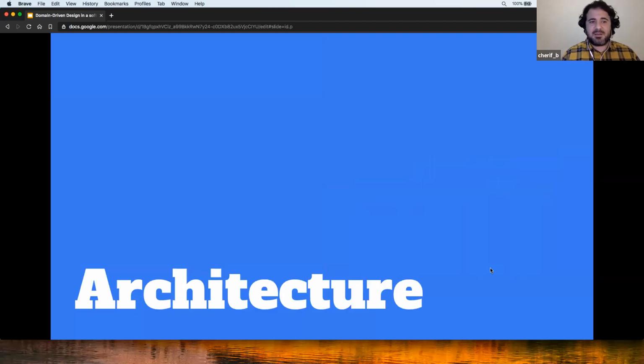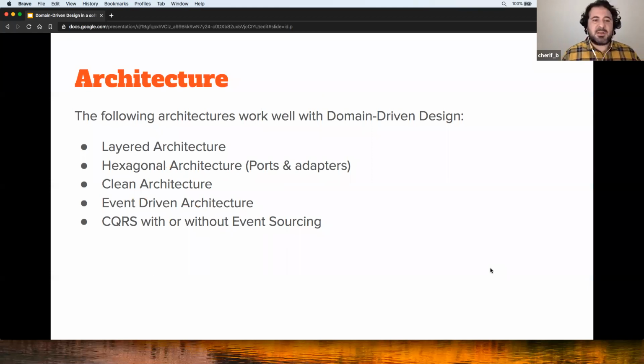And now some architectures that we can use with domain-driven design patterns. We can use the layered architecture, which is the classical one, or the hexagonal architecture, also known as ports and adapters, the clean architecture, the event-driven architecture, and also event sourcing, as I said, and CQRS, with or without event sourcing.